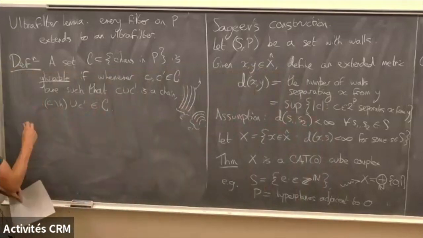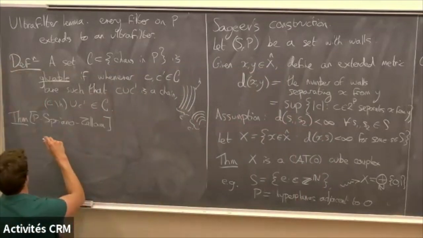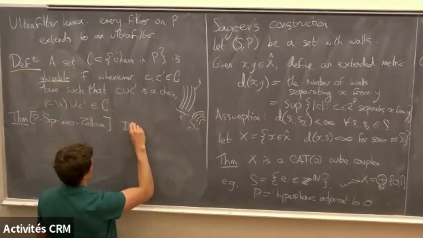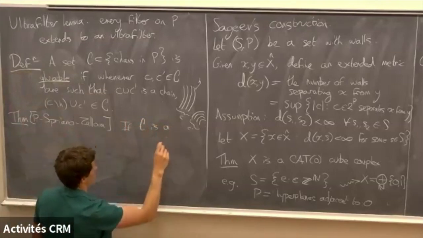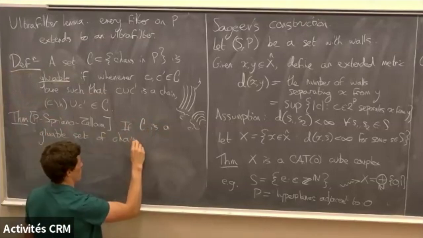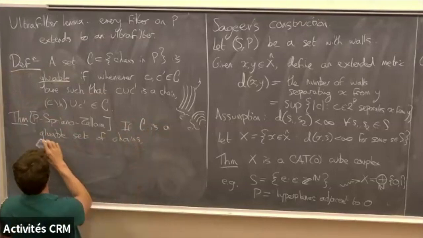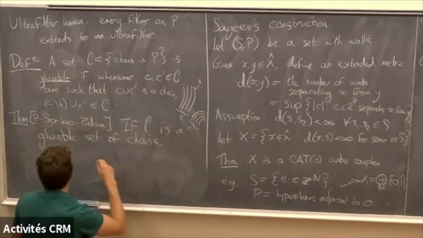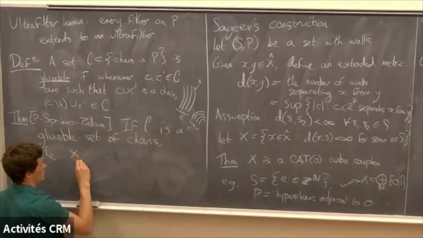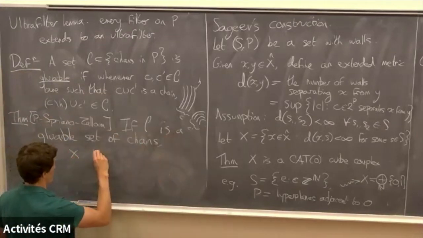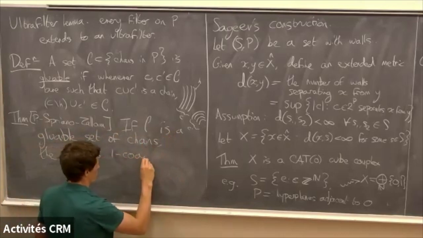Okay, great. So theorem. The theorem says that if C is a gluable set of chains, then this dual space down here, X, is one coarsely injective.